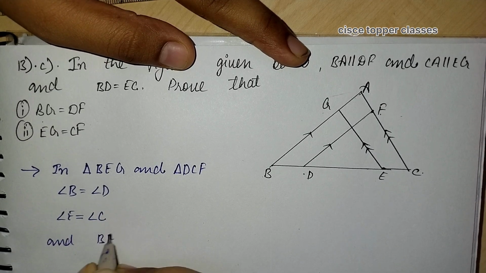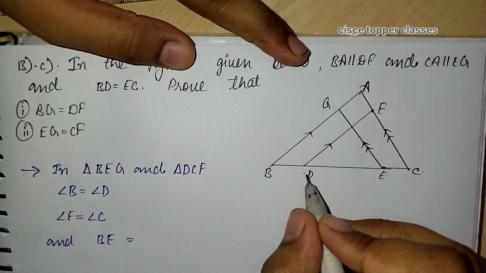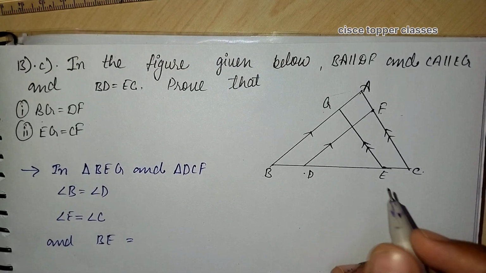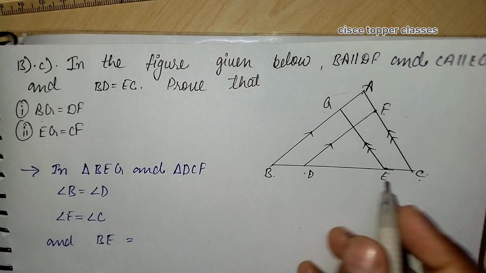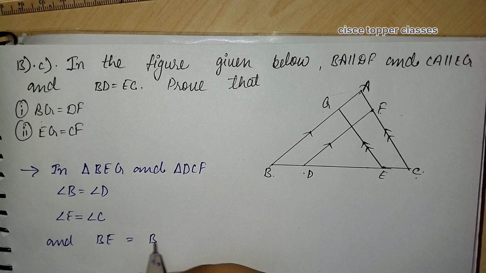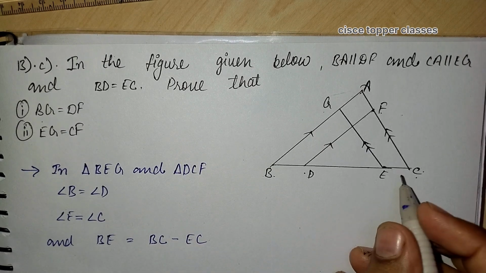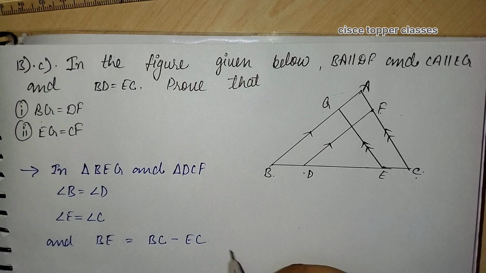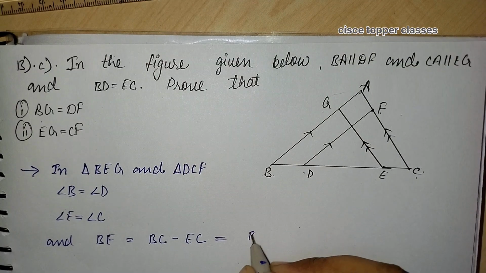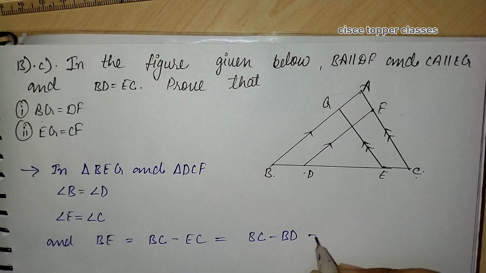Now the given information is that BE is equal to BC minus EC, so we can find BE. The second thing we can find is BC minus BD, which is equal to DC.